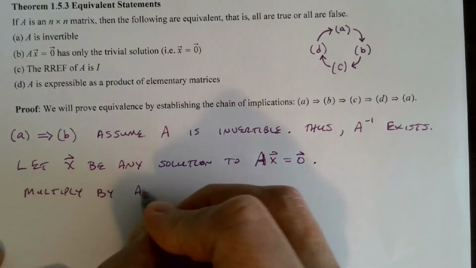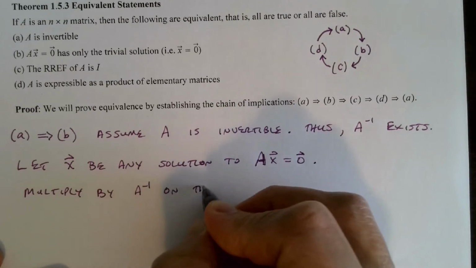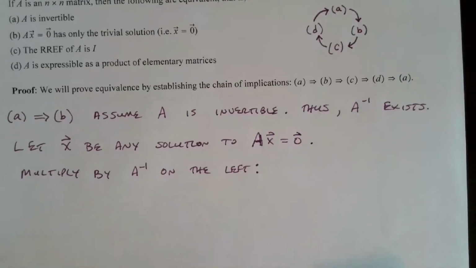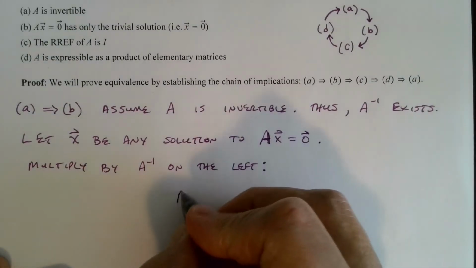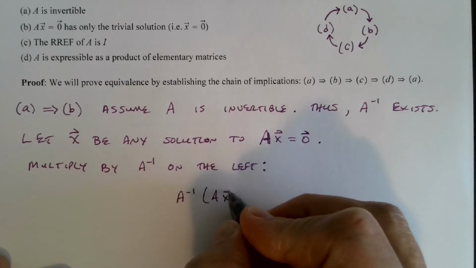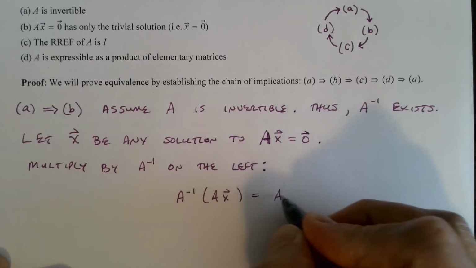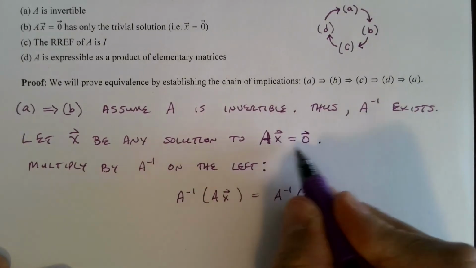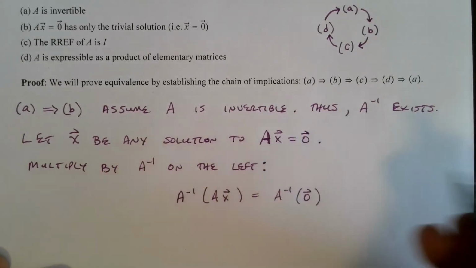by the inverse on the left. And we've basically shown this before, essentially, in solving systems of linear equations in a previous lecture. But I'm going to do this. Notice that the multiplication is defined in each case, because both of these, AX and 0, are n by 1, right?